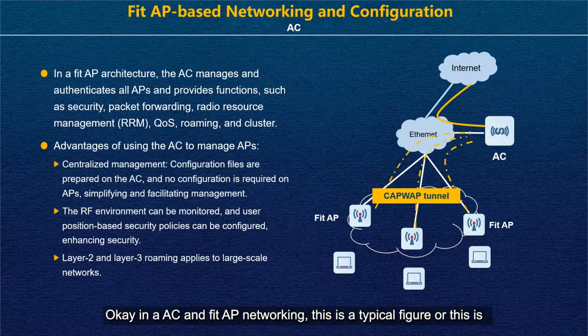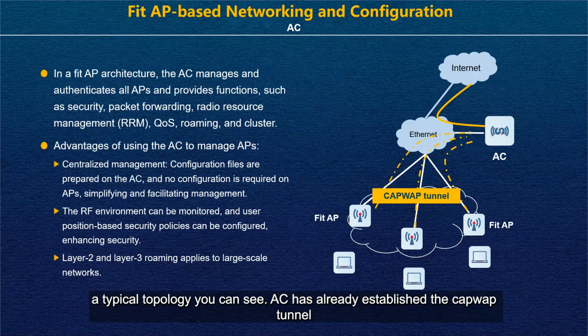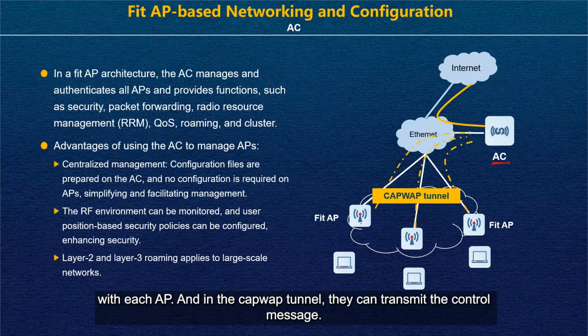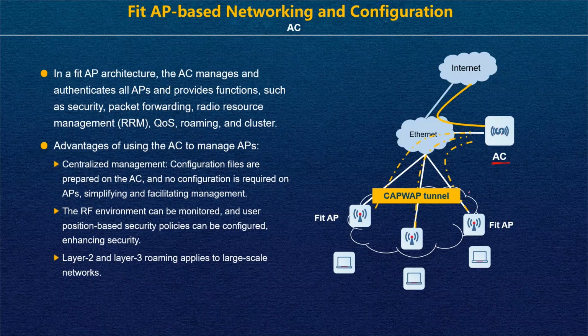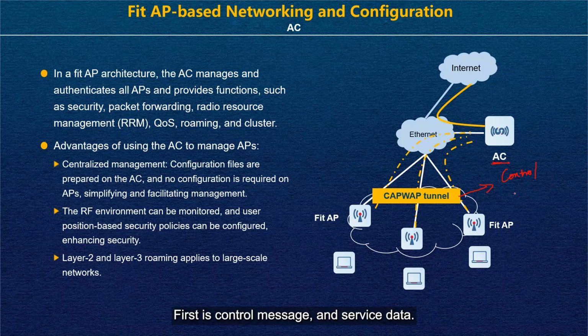Okay, in AC and Fit AP networking, this is a typical topology. You can see the AC has already established a CAPWAP tunnel with each AP, and in the tunnel, they can transmit control messages and service data.